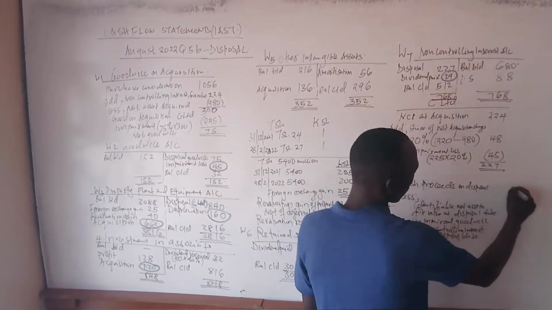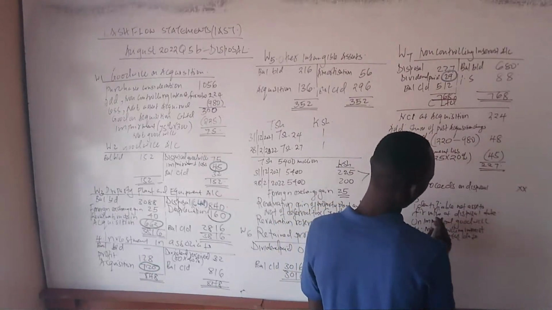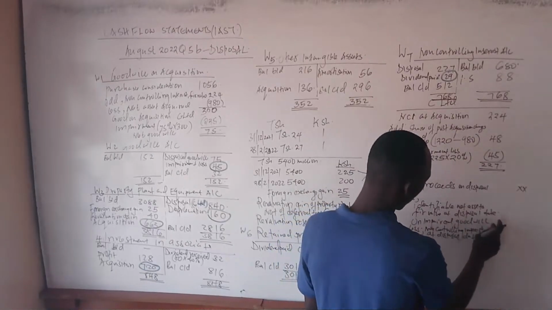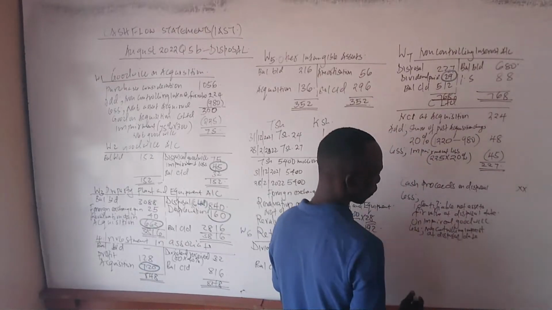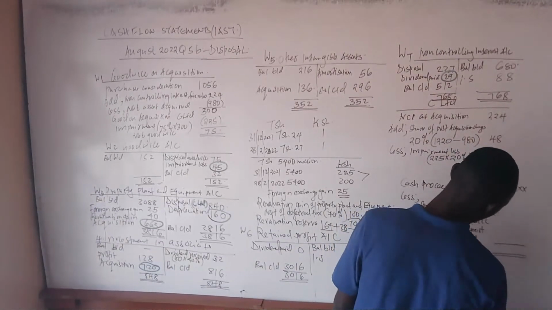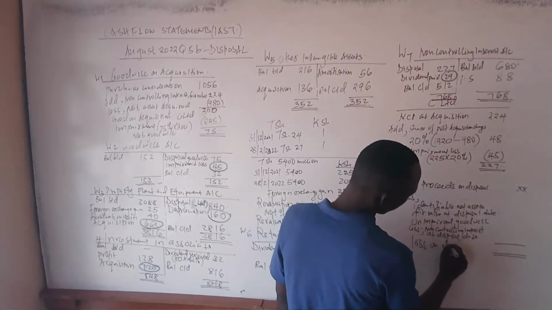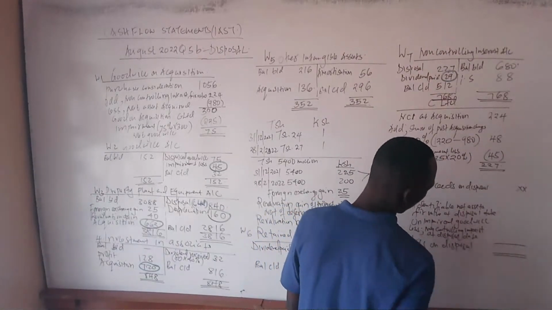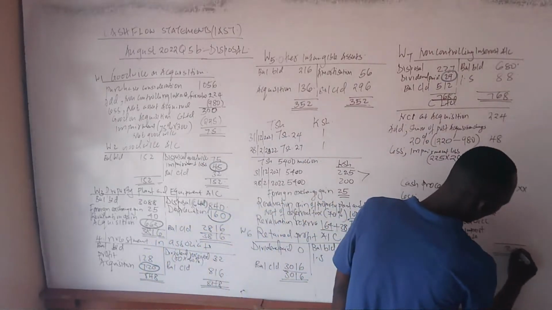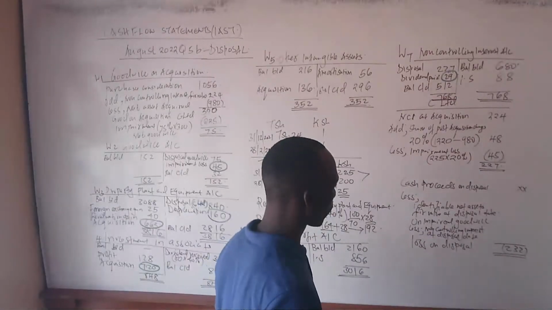So therefore, we normally take the cash proceeds, then identifiable net assets at fair value at disposal date, then the goodwill, and then the non-controlling interest, and from there you will get the gain or loss. Like in this case, they have given us loss on disposal of how much? 232. Then from there, the impaired goodwill was how much?